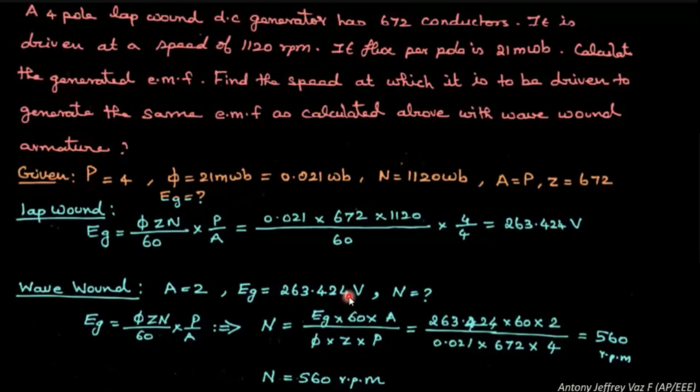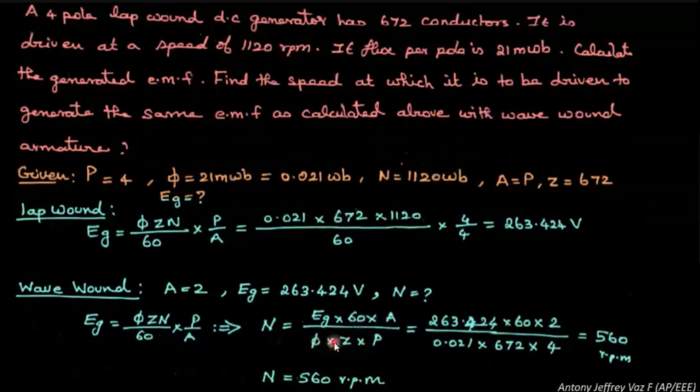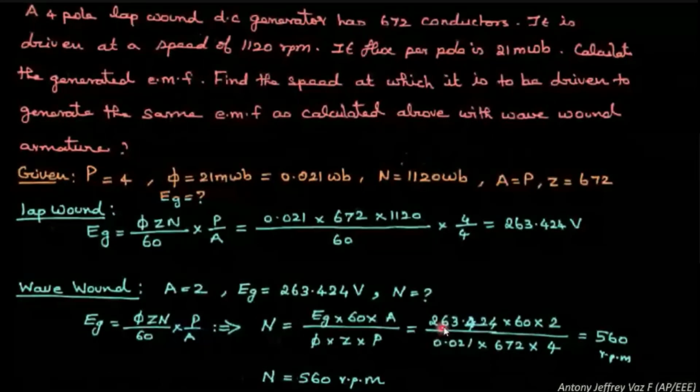So EG is equal to pi Zn divided by 60 into P by A, where N is equal to cross multiply all the values, EG into 60 into A divided by pi into Z into P. So you will get 263.424 into 60 into 2 divided by 0.021 into 672 into 4.